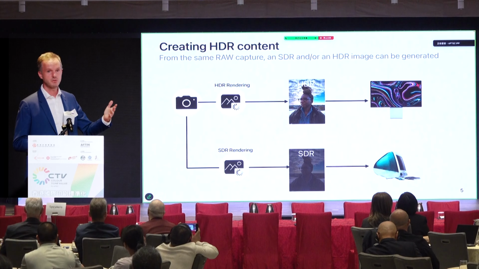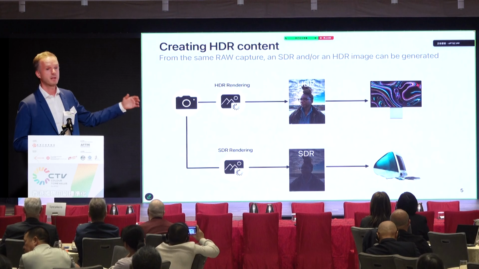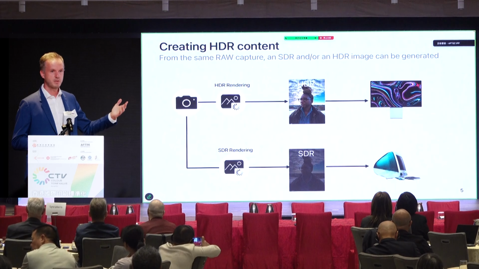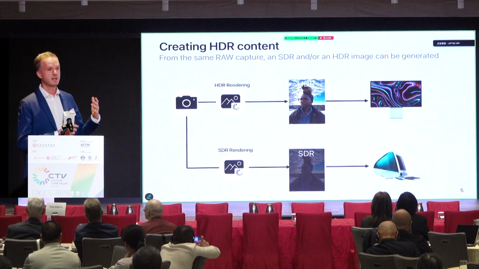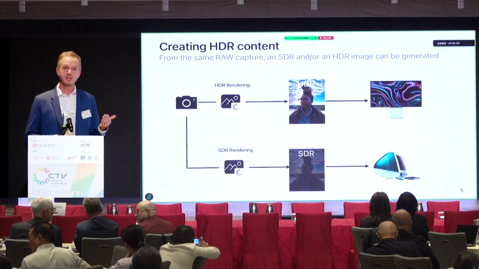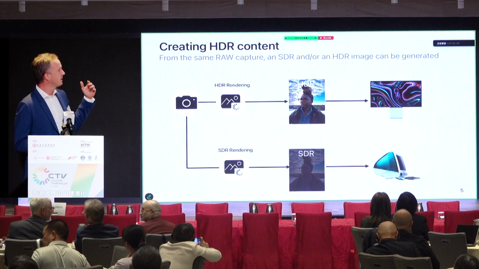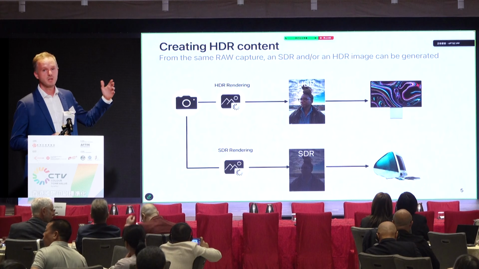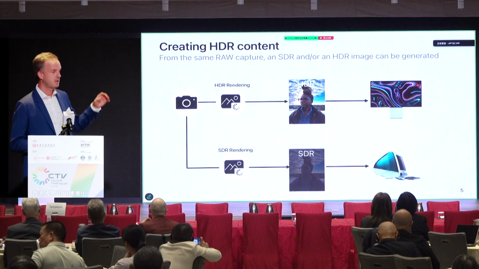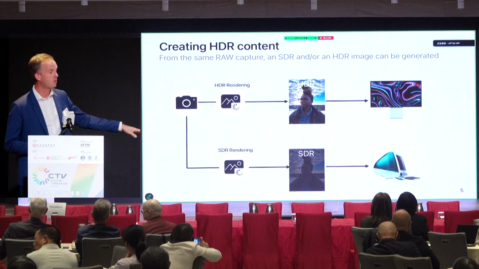So all the photos you've taken in the last 20 years with your digital cameras have adopted things like sRGB or Adobe P3 or other color encodings that are SDR based, and they've been optimized for SDR displays. With this new technology, HDR, becoming more and more available on displays, there's a growing benefit in optimizing images for HDR displays. And again, from the same photons, you can choose to optimize for HDR or for SDR.